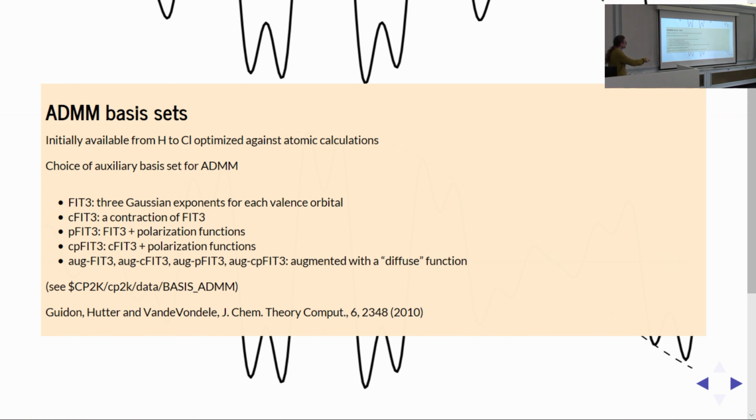The good news is that thanks to the original work from Manuel and Jost, and Jörg of course, there are existing auxiliary basis functions that are quite good in some sense for essentially the first 2.5 rows of the periodic table.